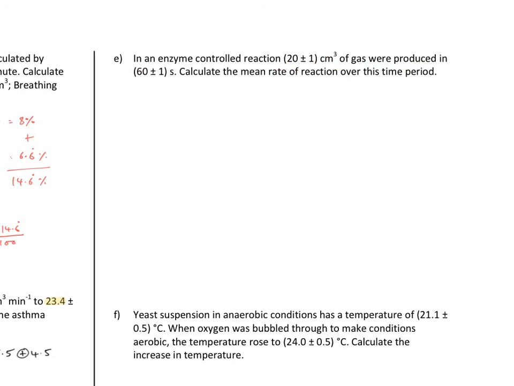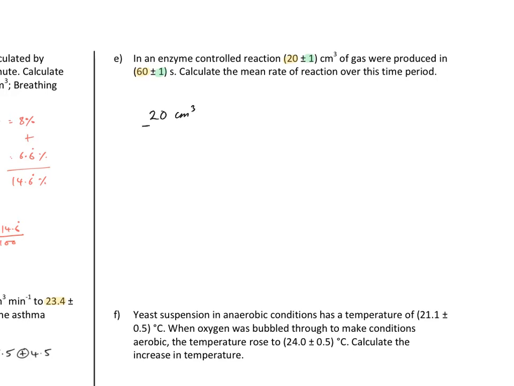So next one, E: in an enzyme control reaction, 20 centimeters cubed of gas were produced in 60 seconds. Calculate the rate of reaction over this period. So the rate of reaction is always something over time, isn't it? So we've got 20 and 60, and it's the same level of error, uncertainty. Okay, I'll get back to that in a minute. So it's 20 centimeters cubed.